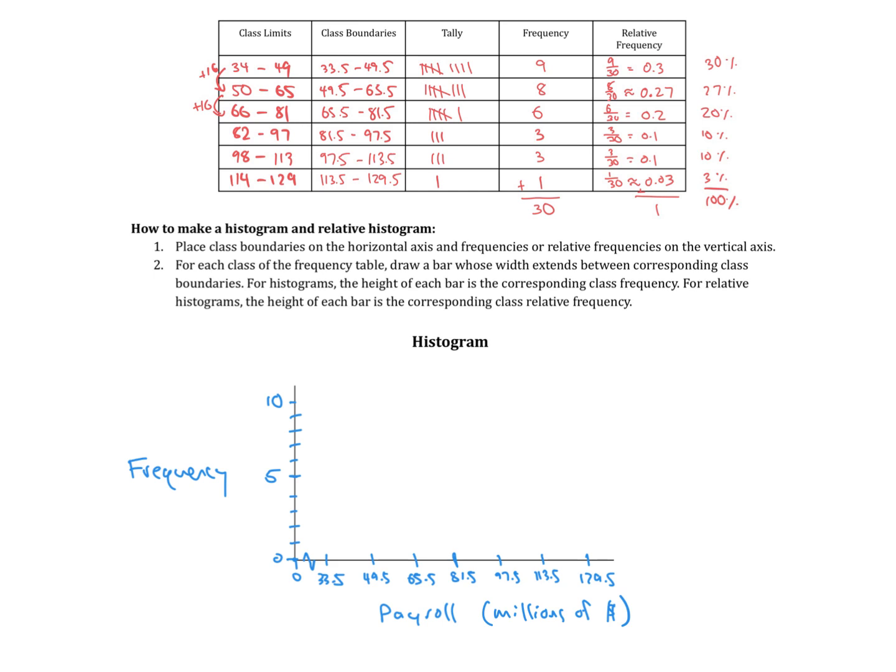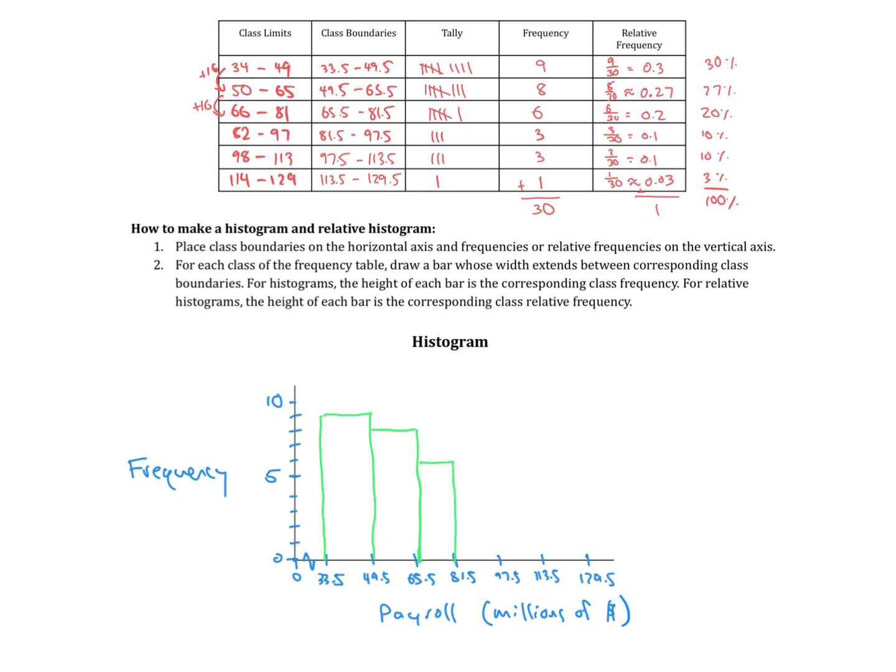My first one should go up to 9. My second one goes up to 8. And notice each bar extends the length of that interval. Next, 6.